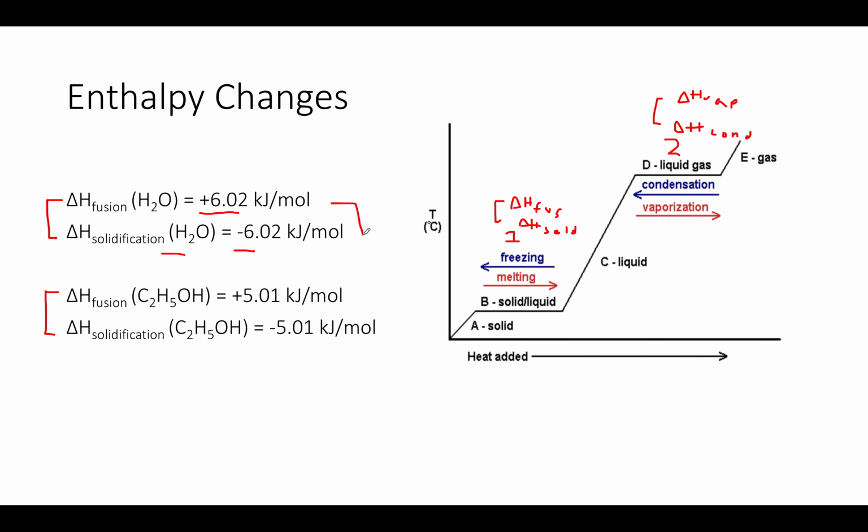So these have the same number, but they're different in sign. So if you were given the heat of solidification and you needed the heat of fusion, you would just switch the signs. Same here for ethanol. We're given the heat of fusion, melting. We're absorbing 5.01 kilojoules of heat, but when we're solidifying ethanol, the opposite direction, we're releasing negative 5.01 kilojoules of heat. So it's the same number, just a different sign.